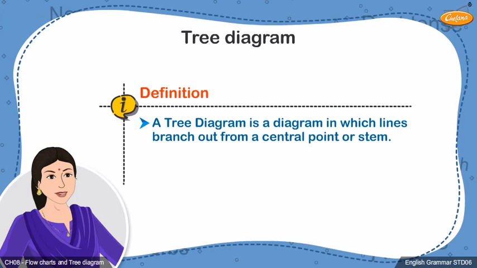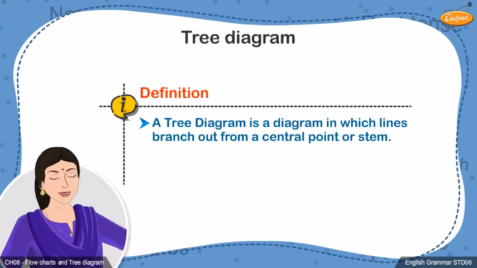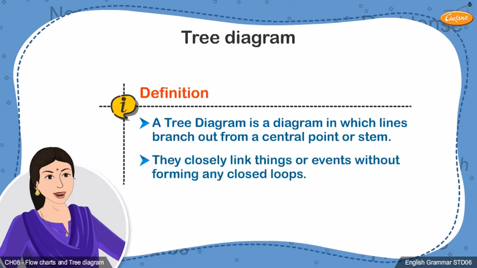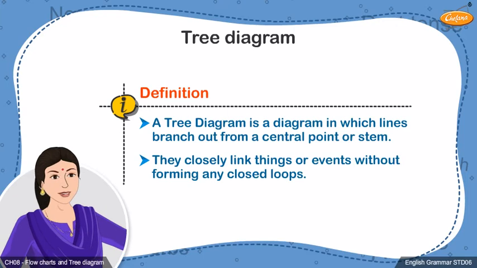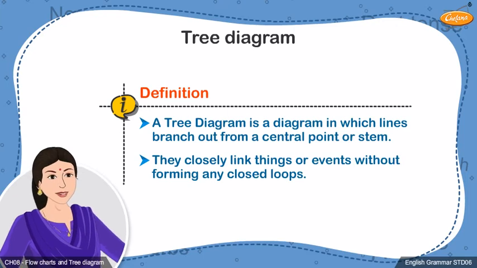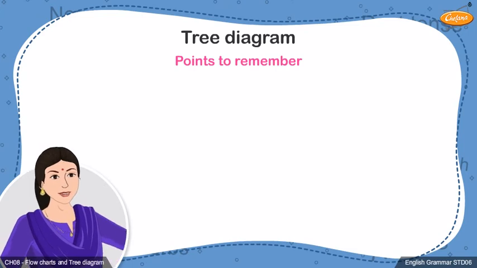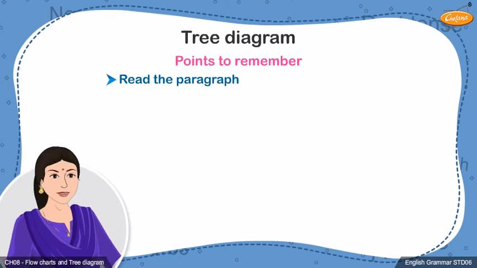Let's define a tree diagram and look at the points to be remembered while creating one. A tree diagram is a diagram in which lines branch out from a central point or stem. They closely link things or events without forming any closed loops. Points to be remembered while creating a tree diagram. Firstly, read the paragraph given carefully.